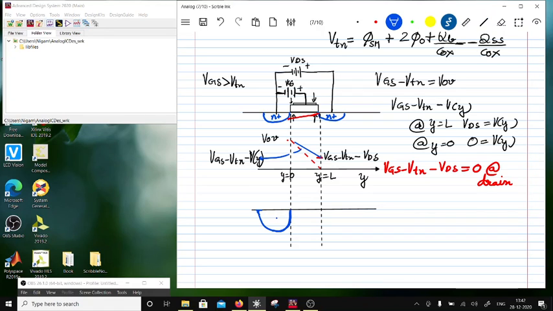So I'm exaggerating the thickness here, okay, so that you know what's happening. So the channel has pinched off over here.